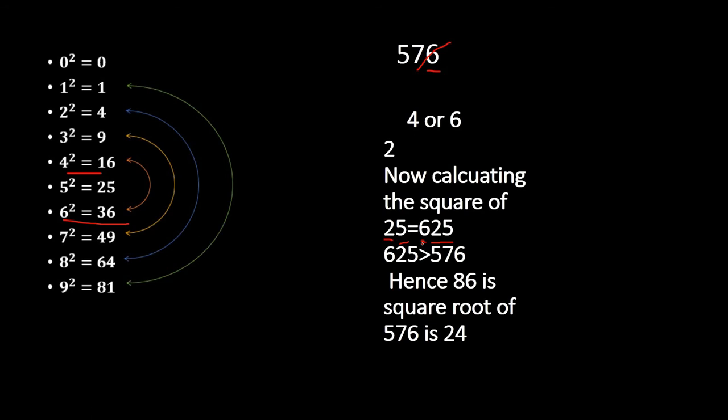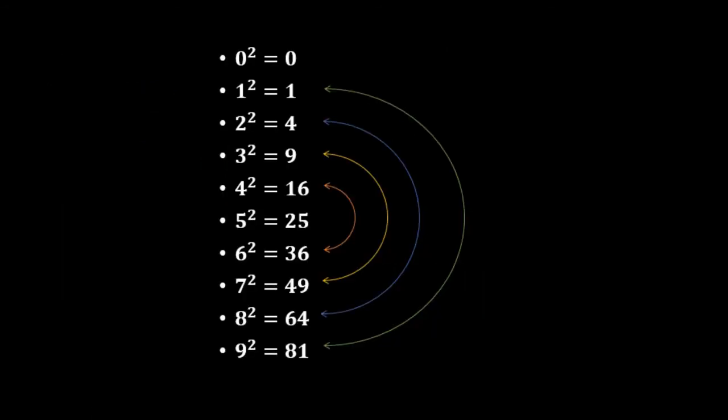Okay, moving towards the next example. 6241. The squares of 1 and 9 have the last term 1. Sorry, the squares of 1 and 9 have the last term 9. I'm sorry if it just happened by mistake. Okay, now 1 or 9.